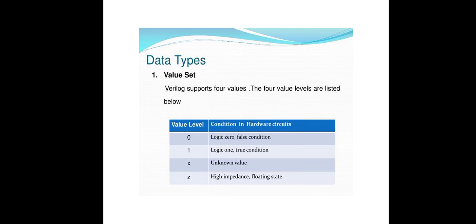Value 0 means the logic is 0, also called the false condition. Value 1 is logic 1, the true condition of this programming. Then value x is the unknown value of the hardware circuits. Now Z is the high impedance or the floating state.